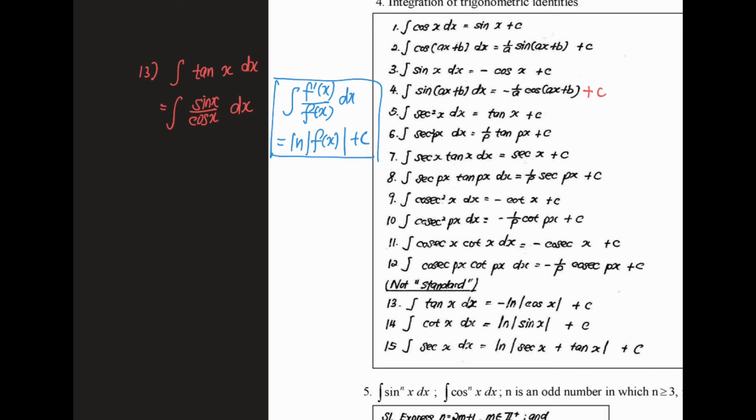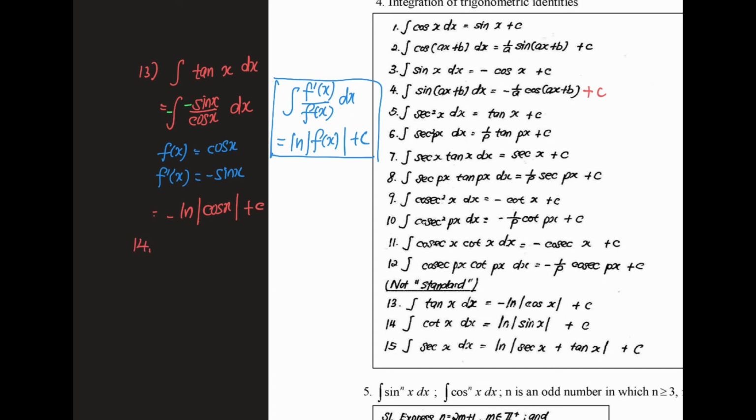So we need to know that our denominator is now the fx. We differentiate it, we get negative sine x. So we need a negative. So I put a negative here, I put another negative outside to balance back. Then negative ln modulus cos x plus c. So that is why we have that formula 13.